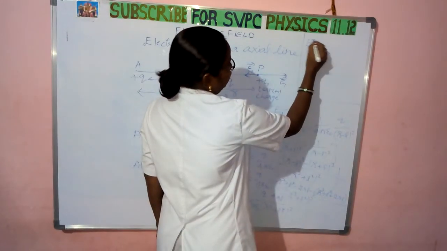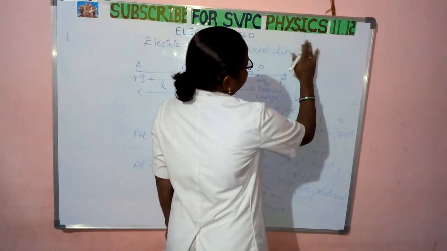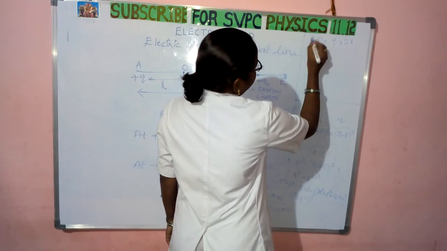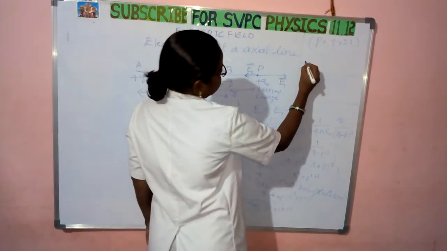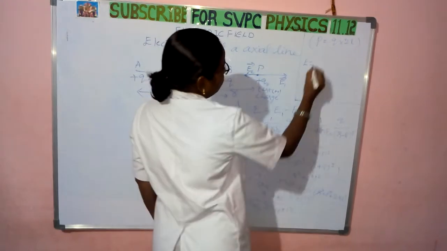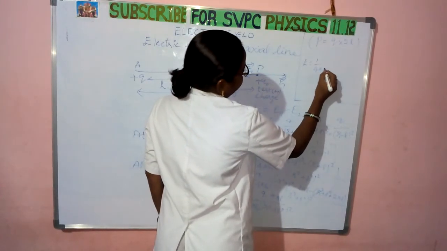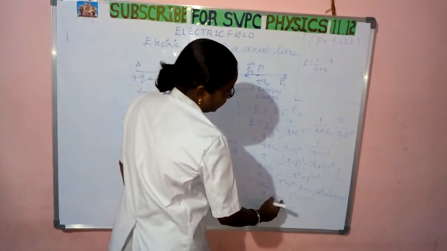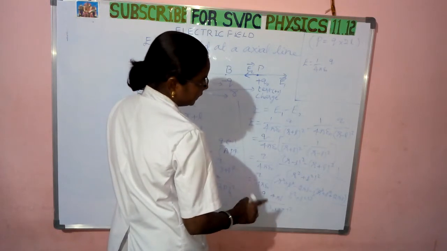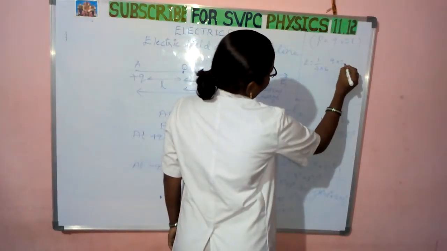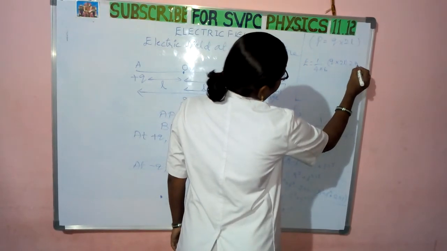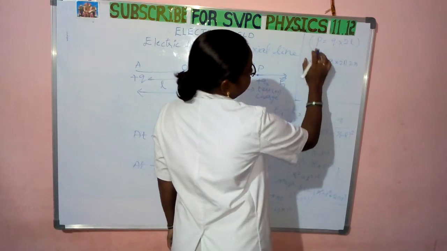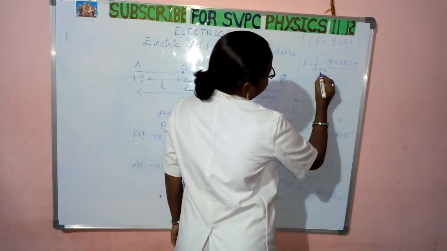E is equal to 1 by 4 pi epsilon naught as it is, Q as it is, and 4RL is there, so I'll write it as 2L into 2R, because I need Q into 2L, which becomes P, the dipole moment.